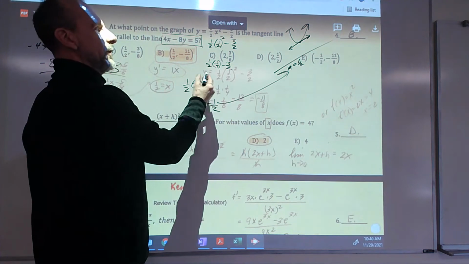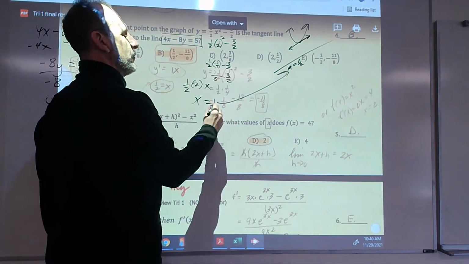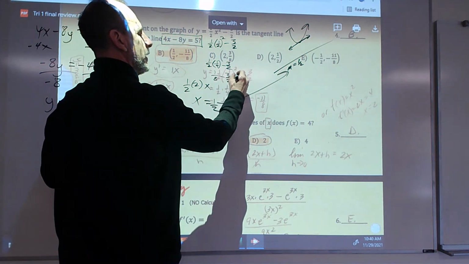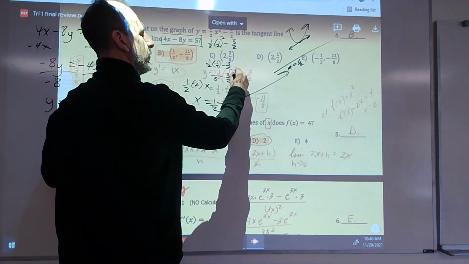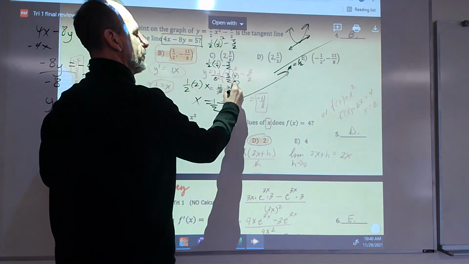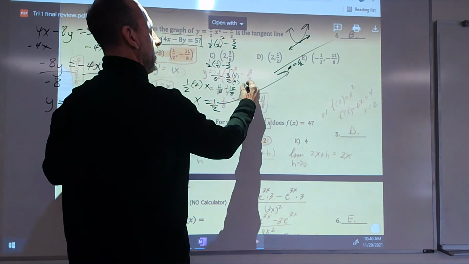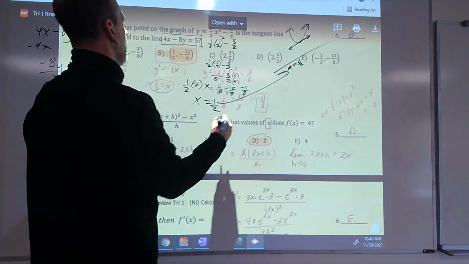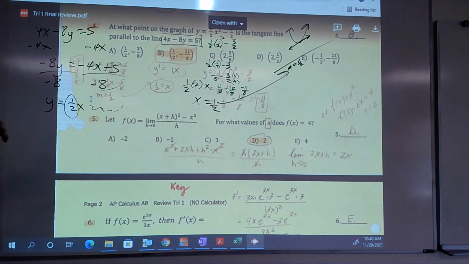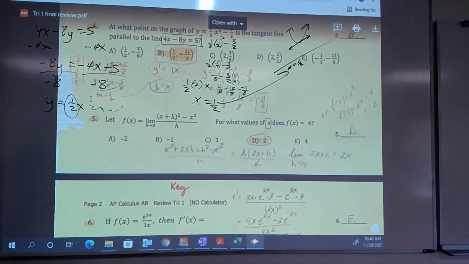Looks like you're going to have to do some fractions. 1/8 minus 3/2. Common denominator is 8. So multiply this by 4. 1/8 minus 12/8. Negative 11/8. I hope that's right. Is it? There it is. B.